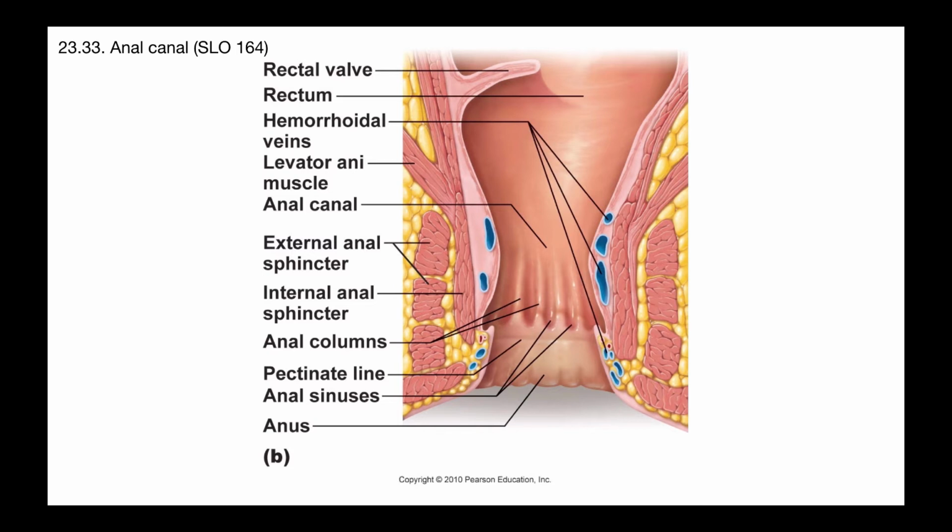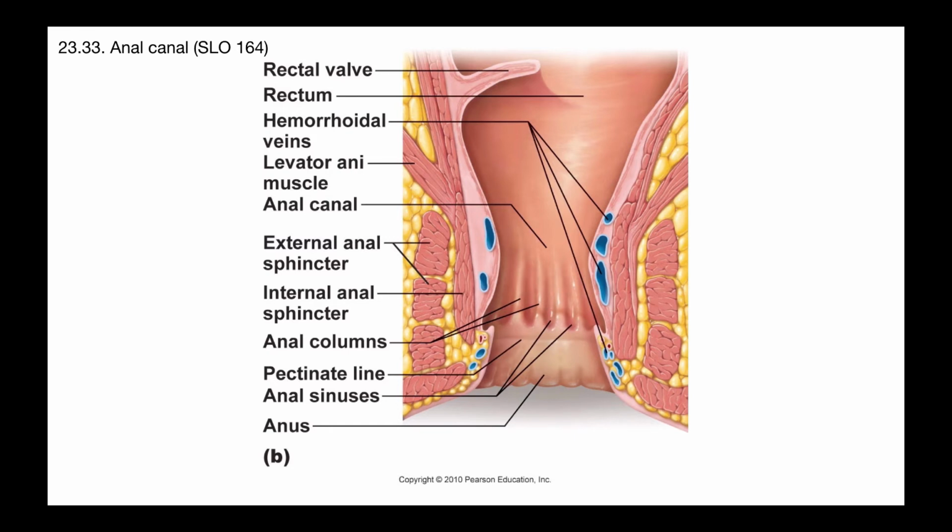The internal anal sphincter just looks like it's a part of the wall, but it's the thickened part of the muscularis externa, where those now increased circular fibers are autonomic. So as soon as there is stretch in the rectum, as the rectal valve is pushed on, that's going to cause it to relax to start to allow defecation.